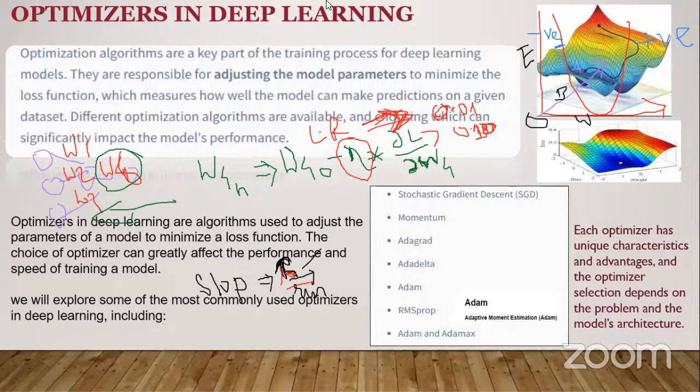For that purpose, I have this formula, right? If I have to calculate the first weight W4, I have to take the old weight minus the learning rate times the derivative of the loss function with respect to the weight. And this is how it will happen.